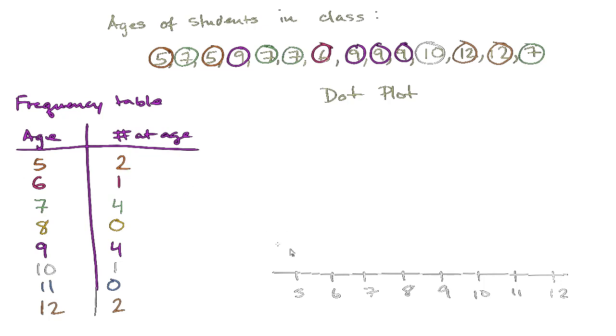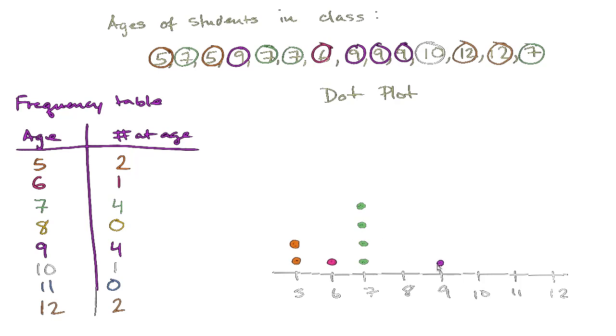So there's 2 5-year-olds, so I'll do 2 dots. 1 and 2. There's 1 6-year-old, so that's going to be 1 dot right over here. There's 4 7-year-olds, so 1, 2, 3, 4 dots. There's no 8-year-olds. There's 4 9-year-olds.